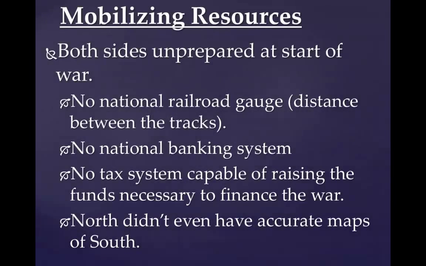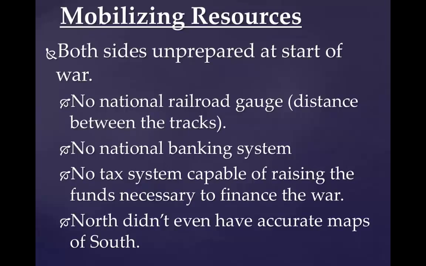Both sides were really unprepared at the start of this war. You didn't have a national railroad gauge. What that means is that the sizes of the tracks were different, and they were farther or closer apart. So you'd take one railway, and then you'd get to a spot where that train couldn't travel any farther, and they would need to transfer to a different train and go on. You didn't have any national banking system.